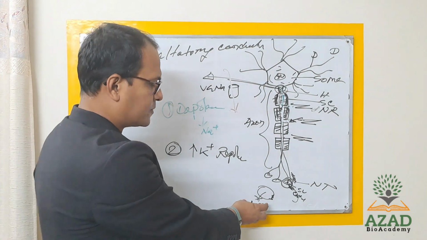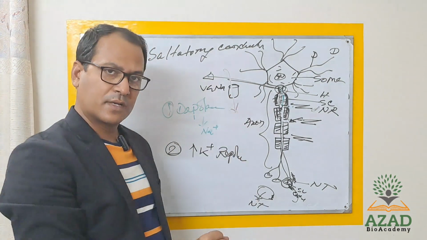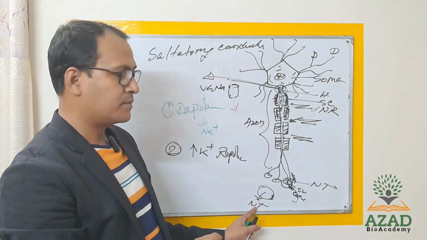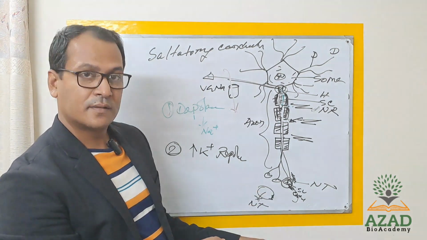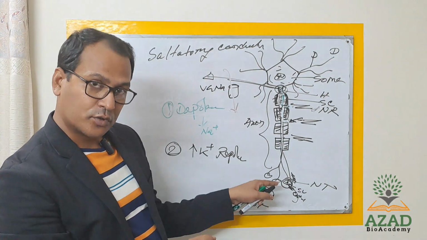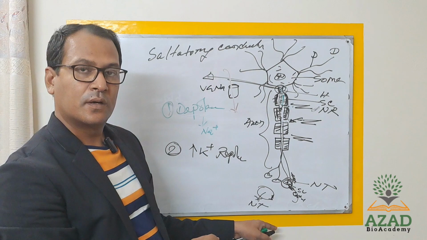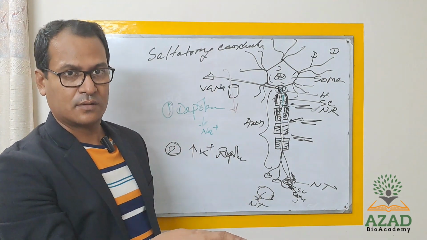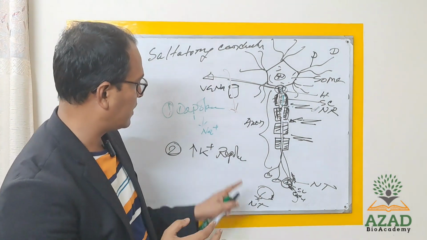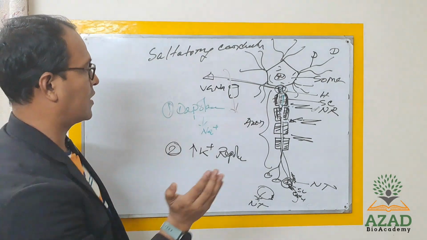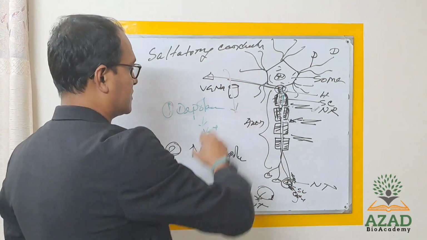That is the chemical messenger, and that neurotransmitter will bind to the next, that is the postsynaptic terminal of the nerve or effector organ, as you know. So my part is action potential, so I am just coming back to the action potential.